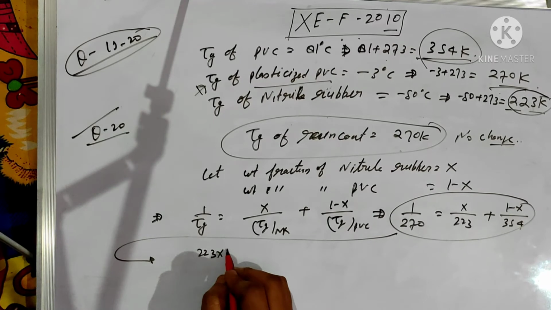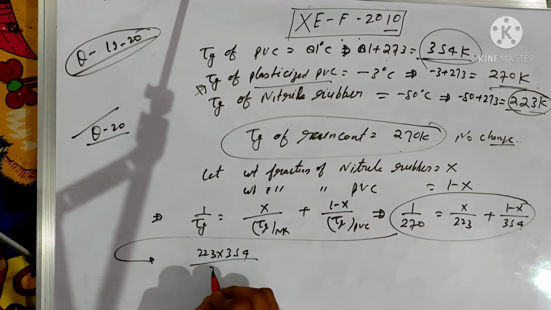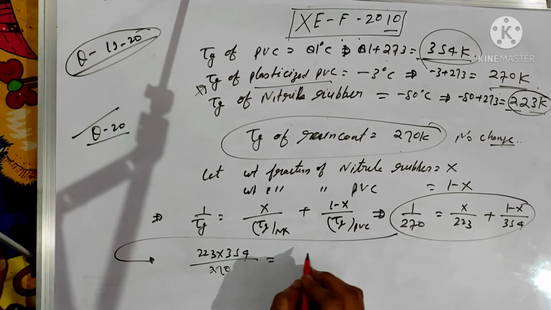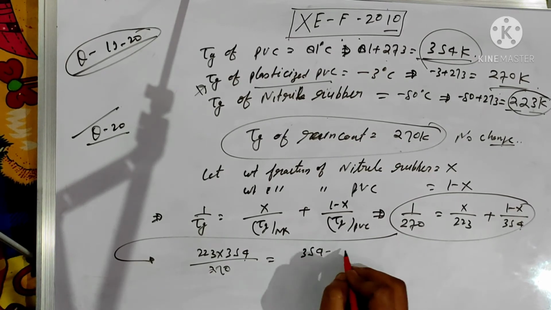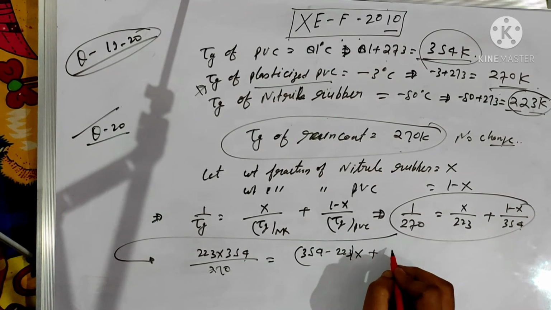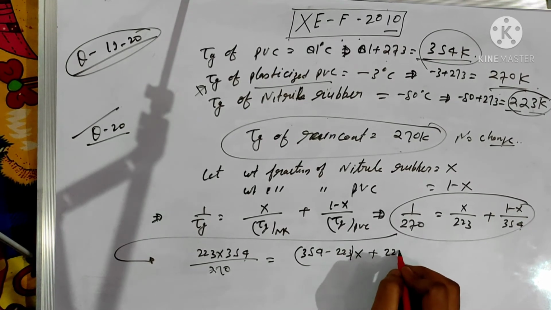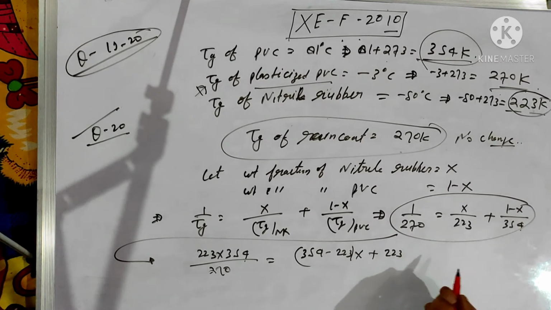Now solving this, 223 into 354 divided by 270 is equal to 354 minus 223 into X plus 223.